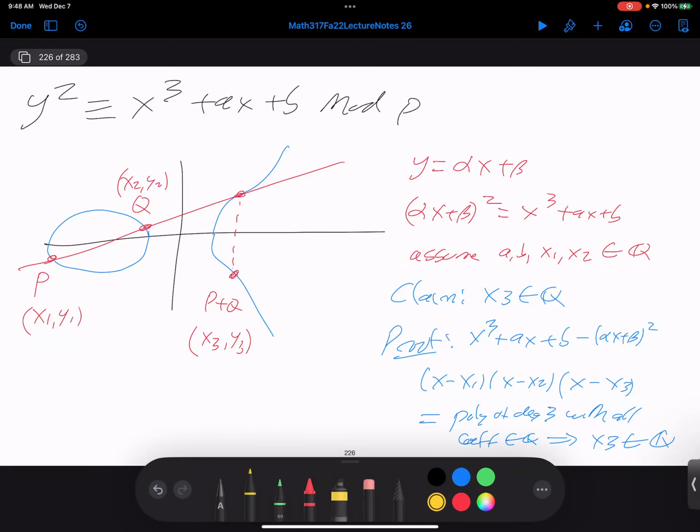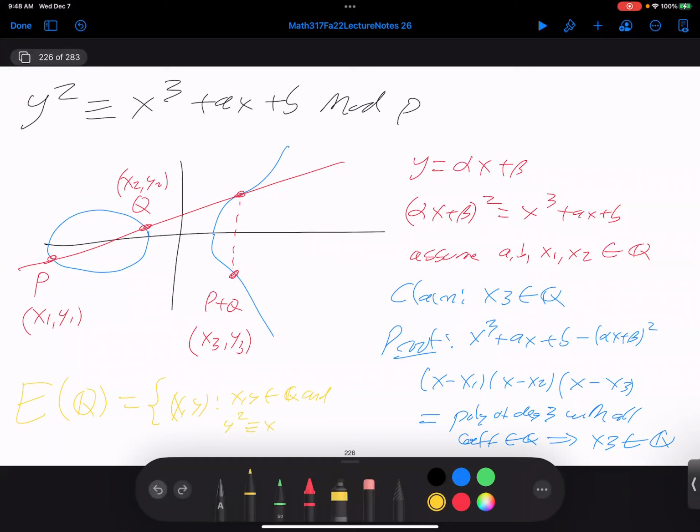So this leads to the group, E(Q), which is going to be the set of all points (x, y) such that x and y are rational and y squared equals x cubed plus ax plus b. At this point, I can just do an exact equal.